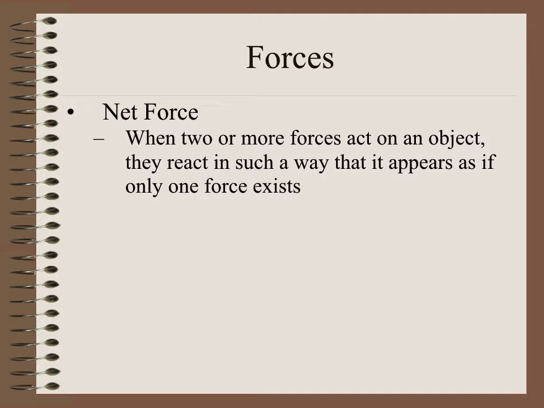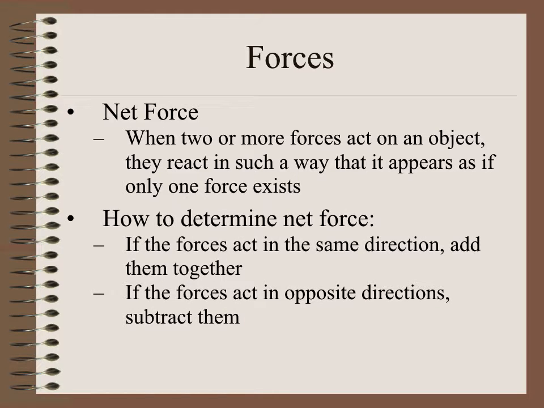In order to calculate the net force, usually you require trigonometry. We're only going to work in 2 situations where we won't need this. To determine the net force, we have 2 situations. If the forces act in the same direction, we add them together. If the forces act in the opposite directions, we subtract them. So for example, if your car stalls and you want to get it moving and you go out and push it and you apply 500 newtons of force and it doesn't move.